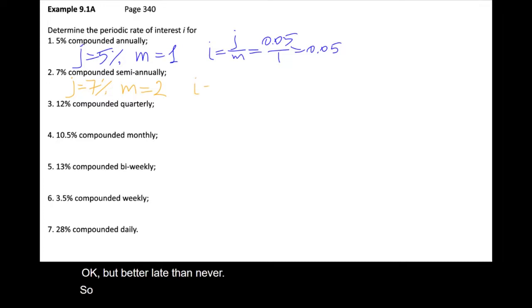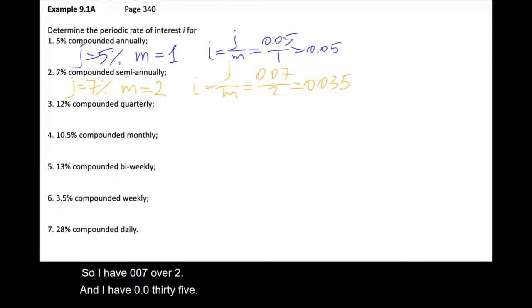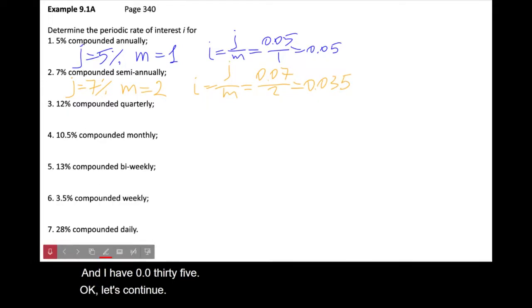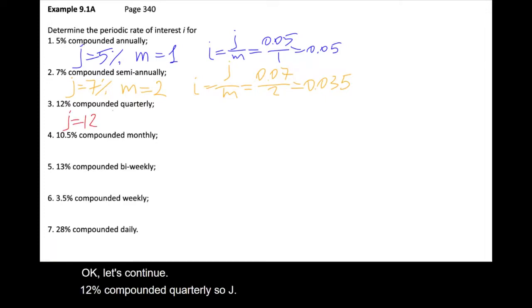So I is J over M. I have 0.07 over 2, and I have 0.035. Okay, let's continue. 12% compounded quarterly, so J is 12%.